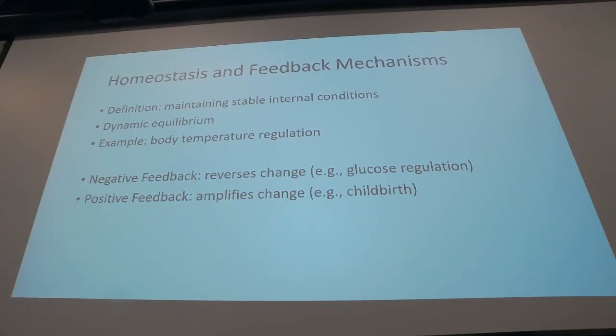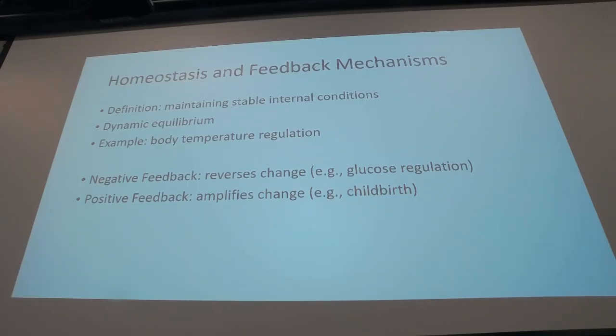Okay, so for homeostasis. Homeostasis is dynamic equilibrium that helps us to maintain stable internal conditions. Our body has many functions with the different organs, and in certain functions there is fluctuation that can go up and down.